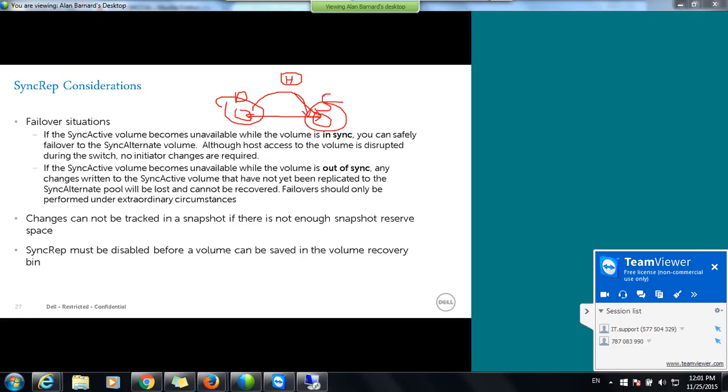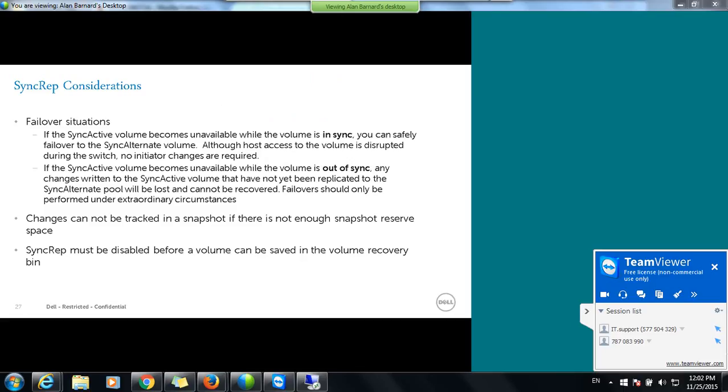If the sync active volume becomes unavailable while the volume is out of sync, any changes written to the sync active volume that have not yet been replicated to the sync alternate pool will be lost and cannot be recovered.